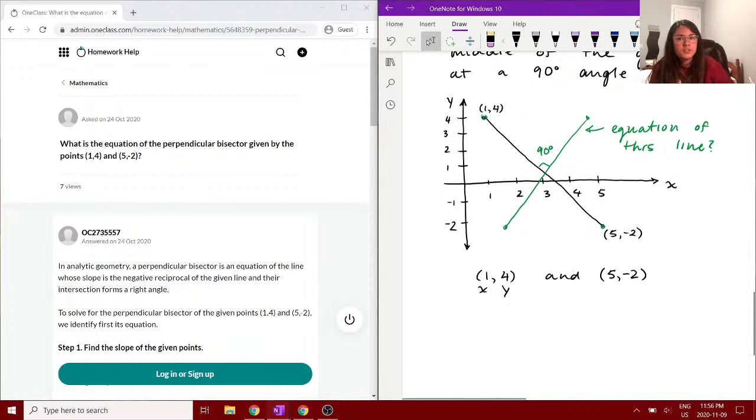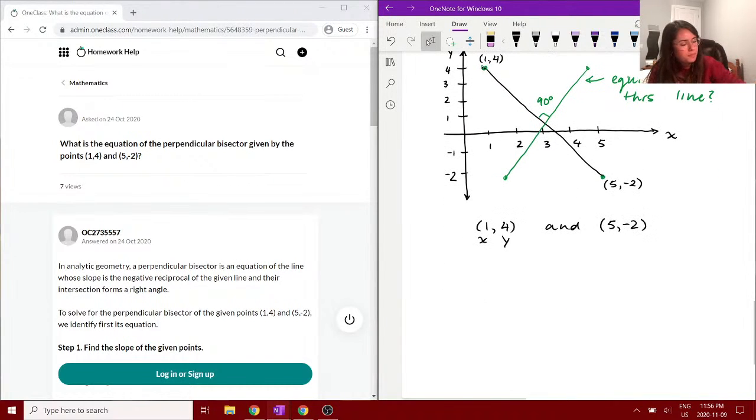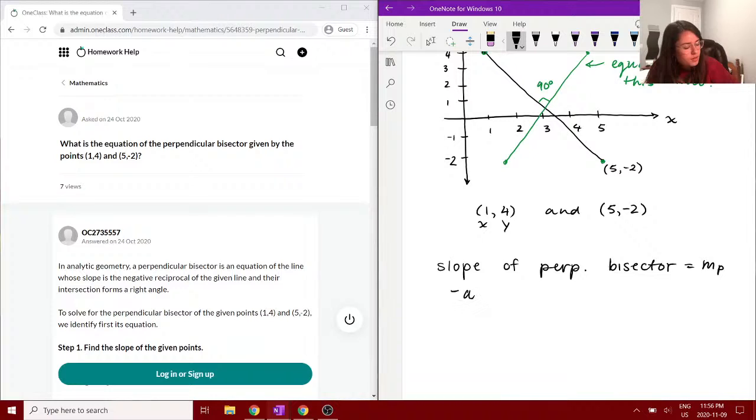Okay, so in order to find the equation of this line, we have to find first the slope. So the slope of a perpendicular bisector, we're going to call that MP, is always the negative reciprocal of the given line slope, to be specific.